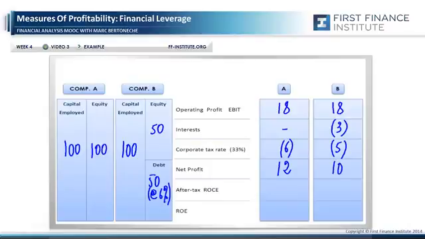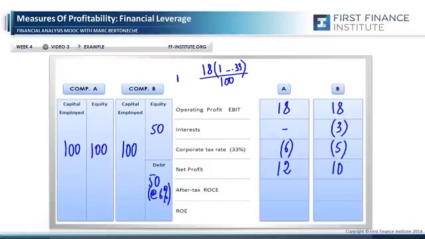If we calculate now the after-tax ROCE of A and B, you remember the formula? That would be EBIT multiplied by 1 minus T, 1 minus 0.33, divided by capital employed, which is 100.